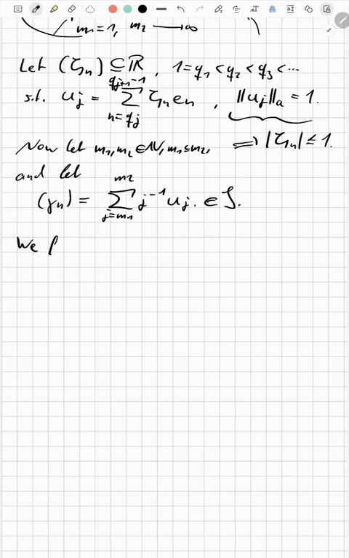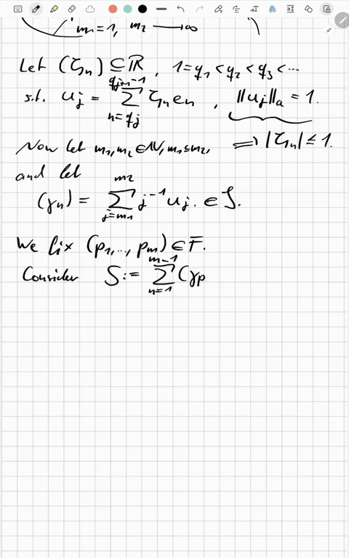Now we fix some indices p1 to pm from f, and we will want to consider the following sum. S, and this will be the same as the sum, so n goes from 1 to m minus 1 of gamma pn minus gamma pn plus 1 squared.